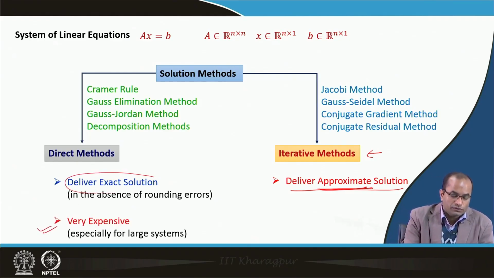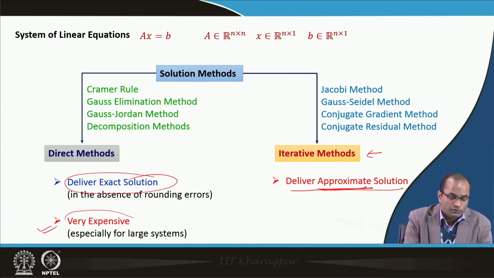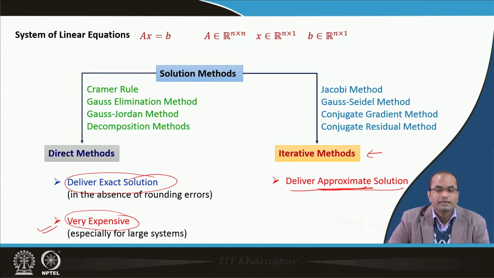Here there was a good point that the direct methods provide the exact solution, but the drawback is that they are very expensive, especially when they are used for a large system.